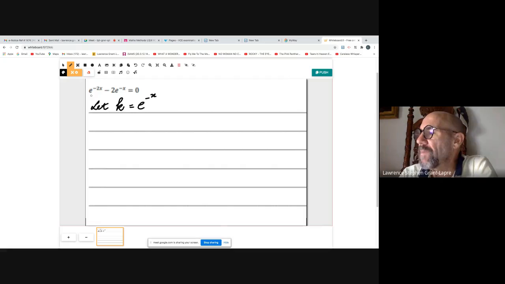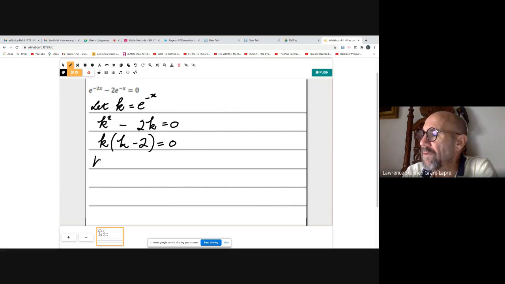So we've got e to the negative 2x is k squared, and e to the negative x is simply k. So if we factorize, you can see k would equal 0, or k has to equal 2. Therefore, e to the negative x equals 0, that's not possible, right?